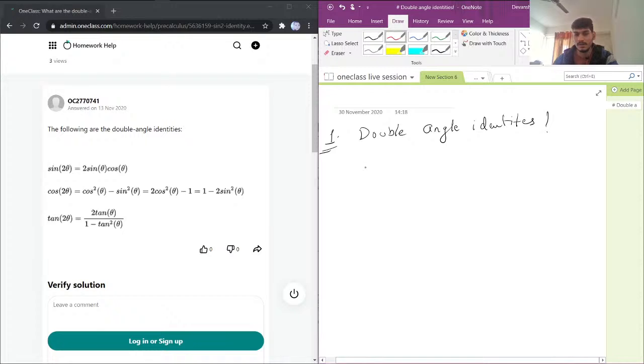So basically, say we have a right angle triangle, and this is one side, and this is another side.